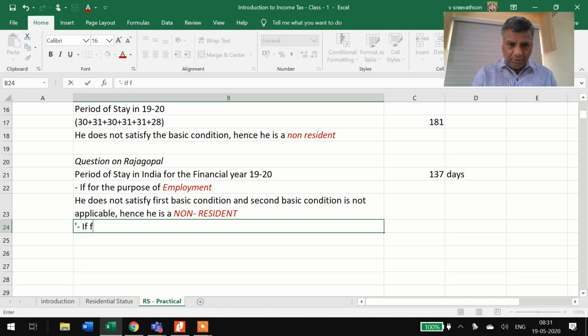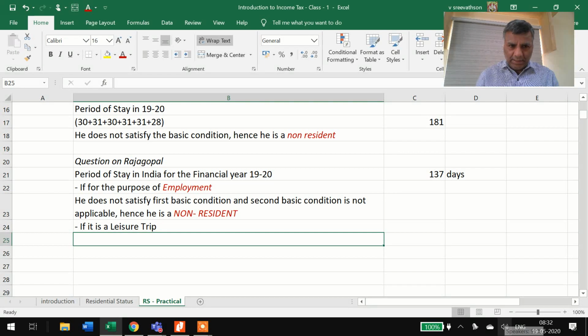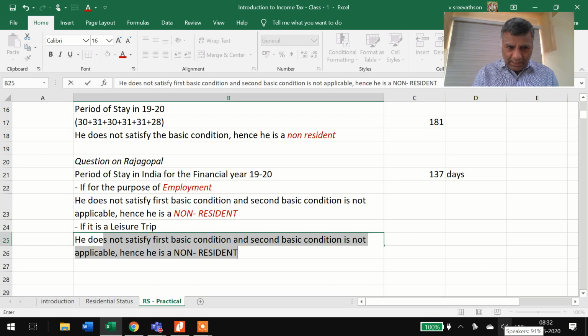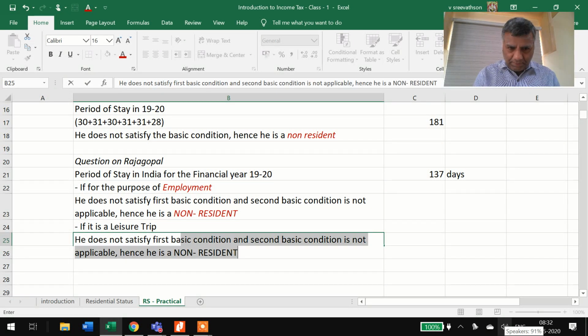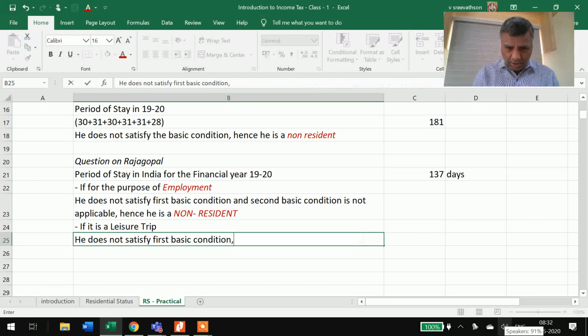If it is a leisure trip, then what happens? He does not satisfy the first basic condition, but satisfies the second.